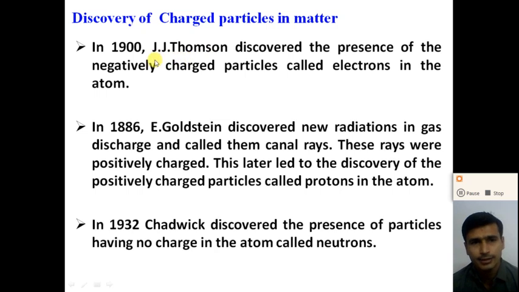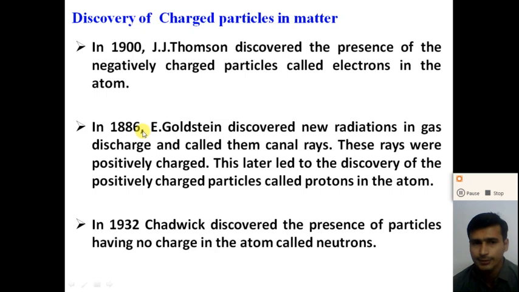In the 19th century, J J Thomson discovered the presence of the negatively charged particle. Experimentally, J J Thomson first discovered the presence of negatively charged particles in the atom, and it is called the electron, right?